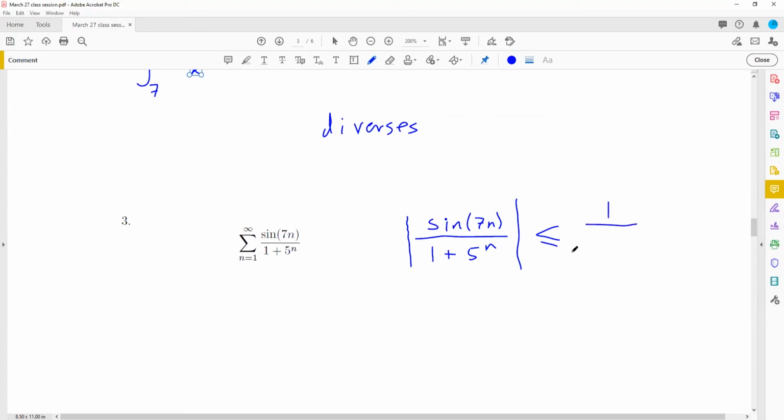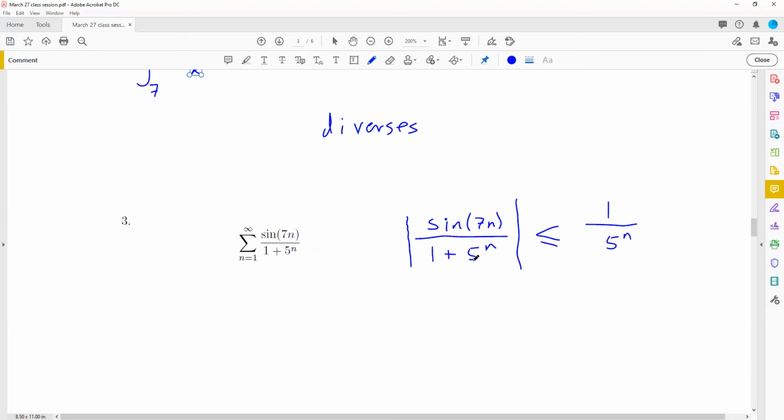Okay. Now, so the most the numerator can be is 1. It's probably never going to be 1, so I don't have to have this right here. And what about the denominator? What about 1 plus 5 to the n versus 5 to the n? This is larger, right?